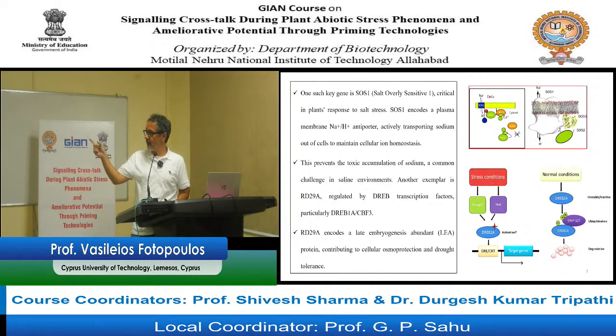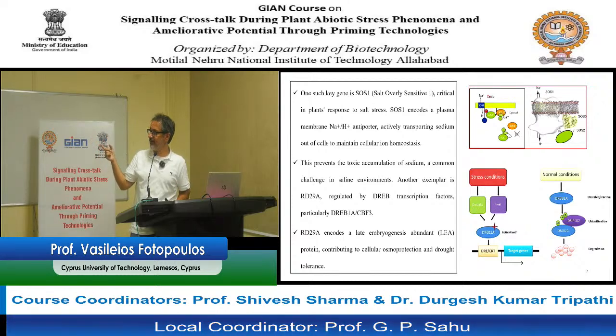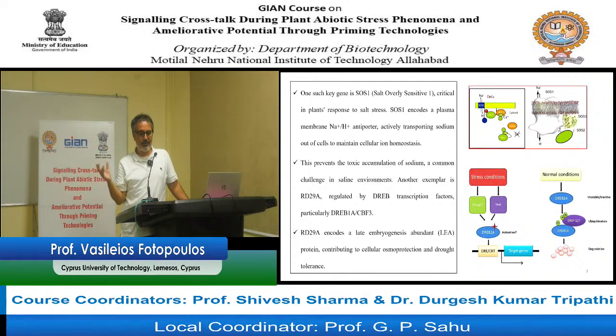Okay? Of course, in addition to this plasmalemmatic sodium antiporter, you can also have sodium transporters on the vacuole membrane, which is called the tonoplast, that actually introduce the sodium ions in the vacuole. And this is done because the vacuole is considered to be a detoxifying organelle. So there are different ways of actually harnessing this.